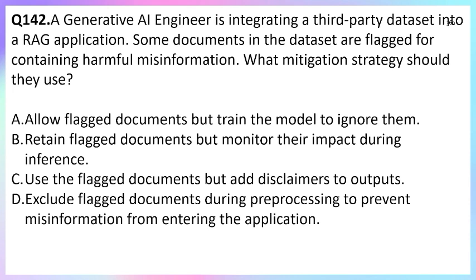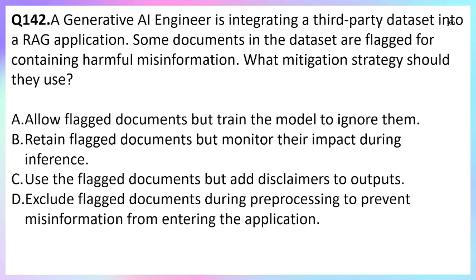Option A, allow flagged documents but train the model to ignore them. Option B, retain flagged documents but monitor their impact during inference. Option C, use flagged documents but add a disclaimer to output. Option D, exclude flagged documents during pre-processing to prevent the misinformation from entering the application.